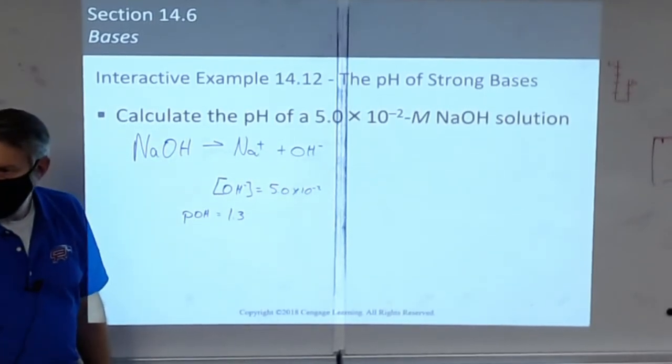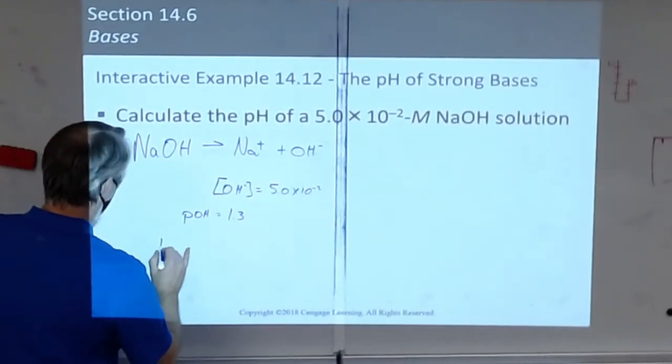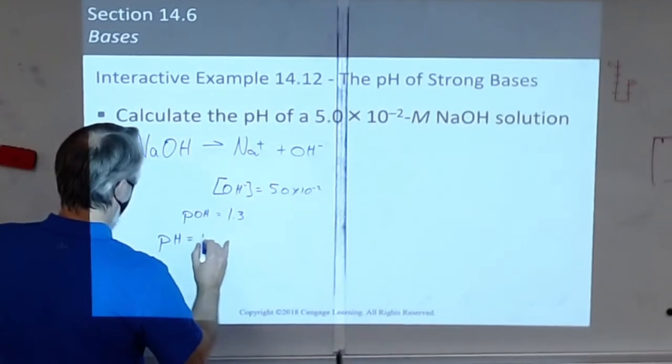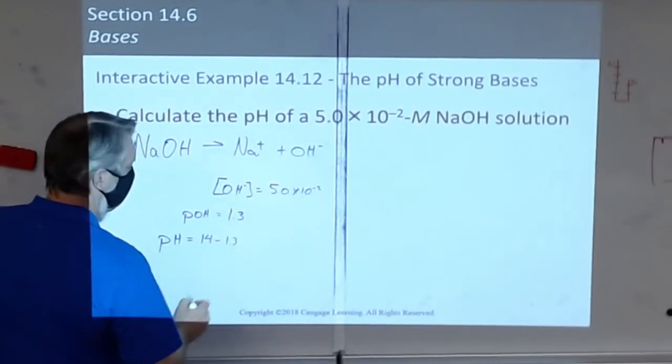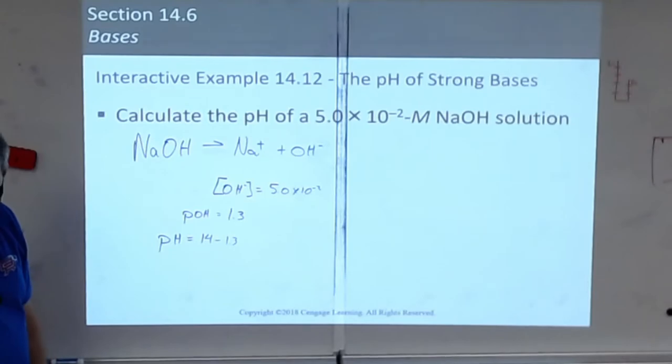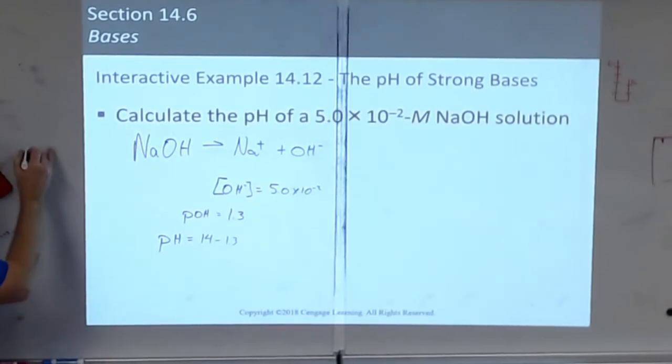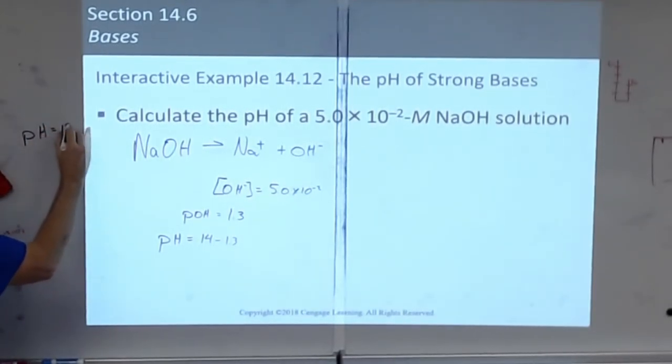Y'all good with that? Therefore, the pH is equal to 14 minus 1.3, which is 12.7.